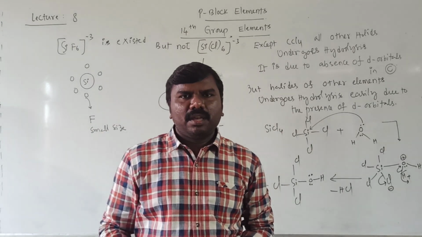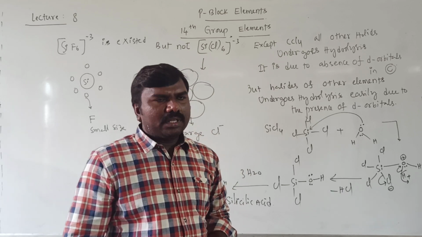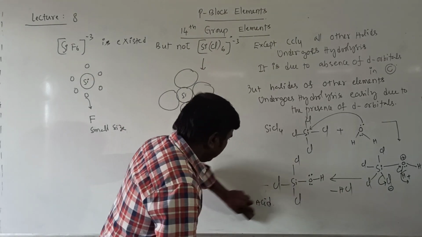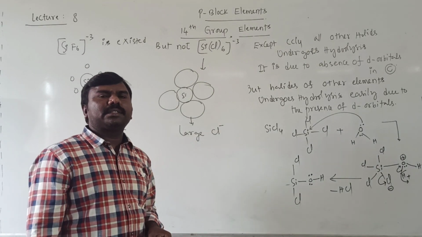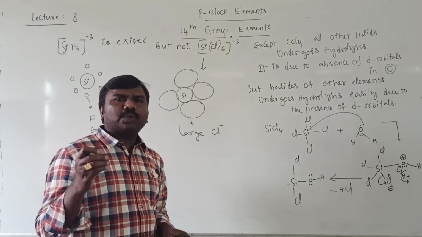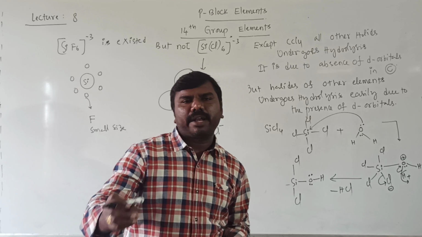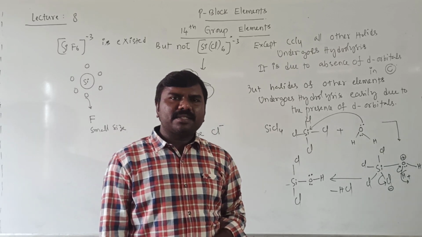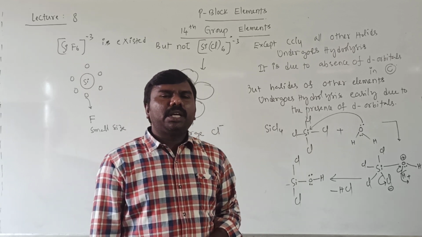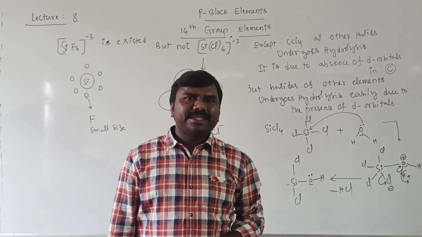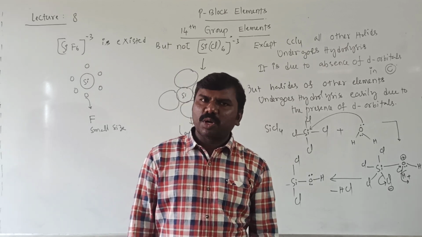Size increases. Accommodation is difficult on a silicon atom. The reason behind this, SiF6 is possible to exist because the 6 smaller fluorine atoms can be easily accommodated on a silicon atom. SiCl6 is difficult to exist, not possible, because it is very difficult to accommodate 6 larger chloride ions on which one?